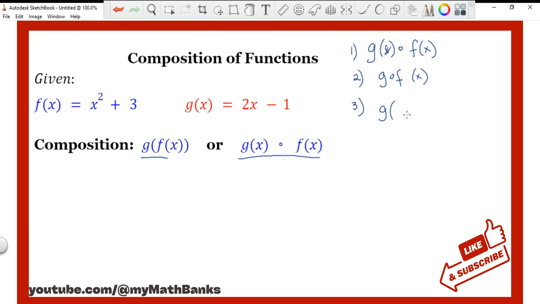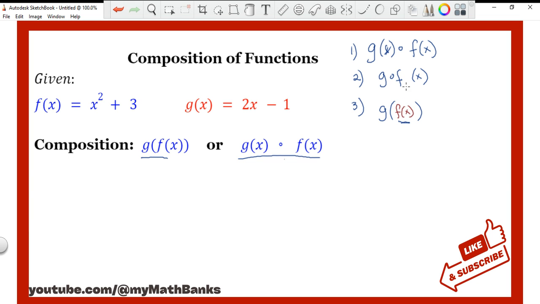So you have g of something like that, and then inside your g is the f of x. Okay, so what is composition of function? Composition of function is really just a function within a function. So whatever is in the inside function, you will have to do that first and then apply the outside function after.